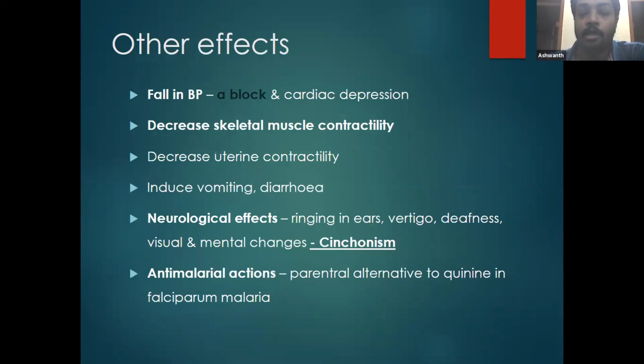Other effects include a fall in BP because of mild alpha blockade and cardiac depression, decreased skeletal muscle contractility, decreased uterine contractility, vomiting and diarrhea, and neurological effects like ringing in the ear, vertigo, deafness, visual and mental changes. Cinchonism can be seen, and it also has anti-malarial actions. These are parenteral alternatives to quinine in falciparum malaria.